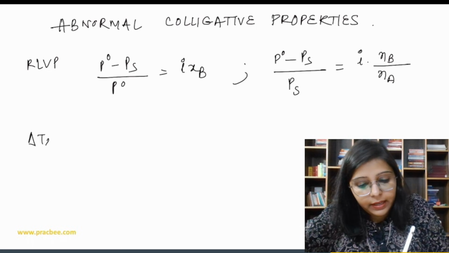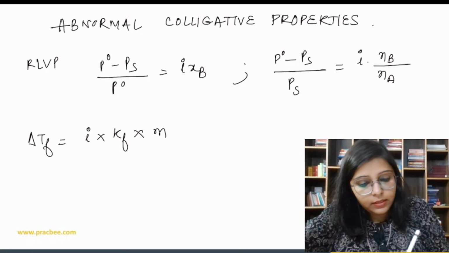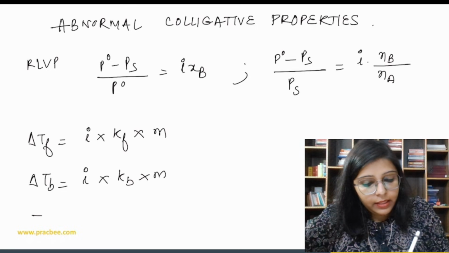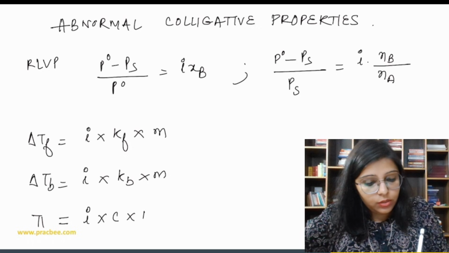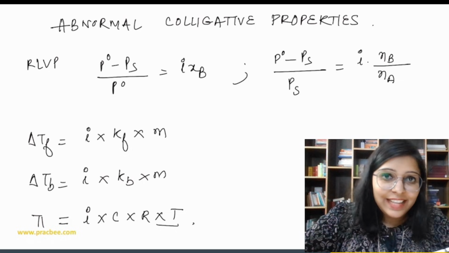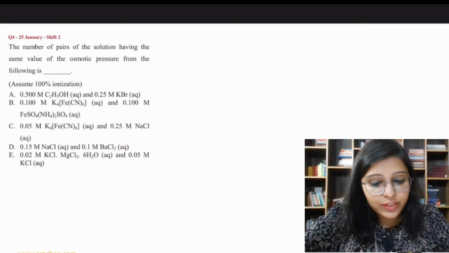Then delta Tf is equal to i into Kf into molality. Then delta Tb is equal to i into Kb into molality. And then pi is equal to i into C into R into T. That's it. Now let's apply this and solve questions.